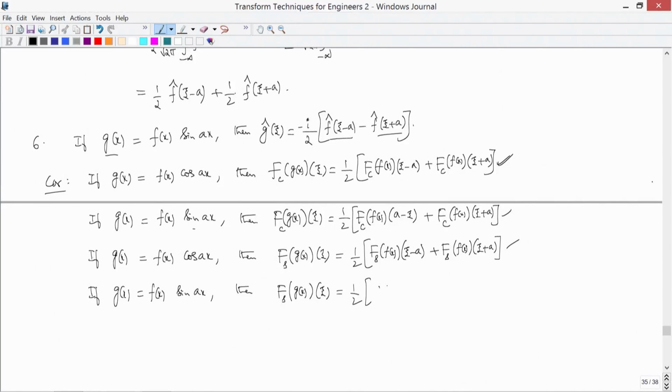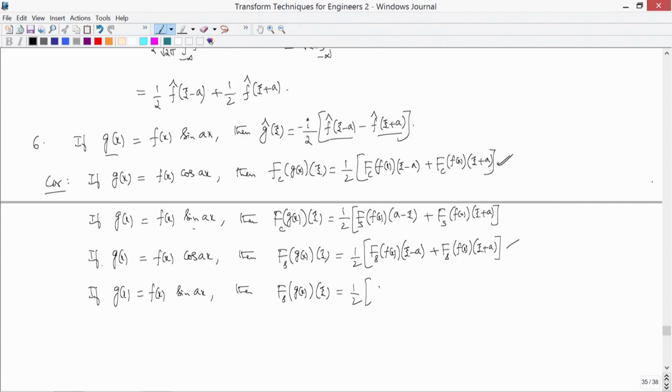I think I made a mistake. If g(x) is f(x) into sin ax, I have not done it. So, take it up as an exercise and do it. This is not the Fourier cosine. So, the Fourier cosine transform of f(x) into sin ax is, what you get, I should get as Fourier sine transforms.